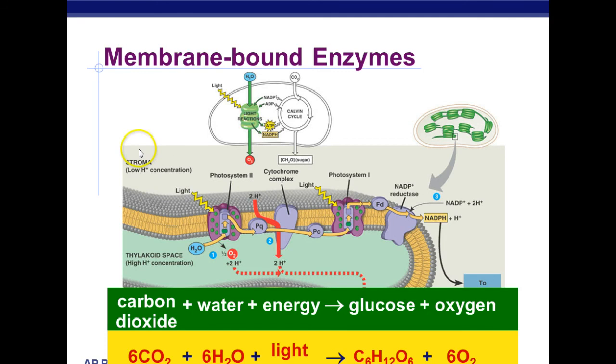Now, again, we see the presence of membrane-bound enzymes now, and that the membrane looks exactly like the actual cell membrane structure of the plant that houses these chloroplasts. Remember, this is not the cell membrane. This is the chloroplast membrane. So, I mean, it looks exactly like the outside membrane of that cell.